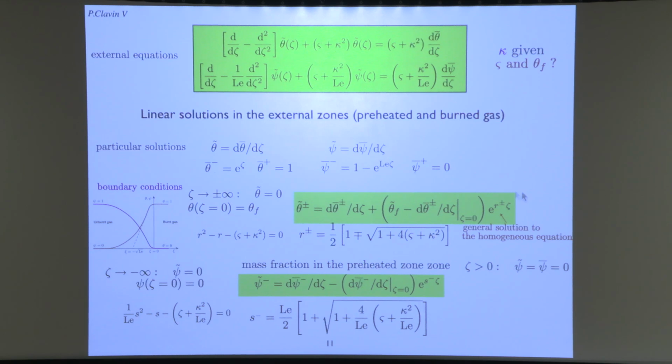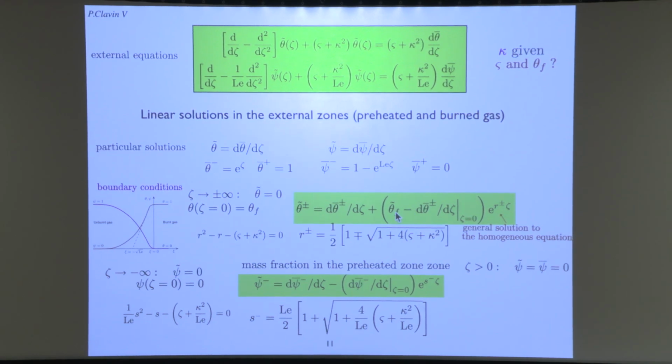This is the solution of the homogeneous problem, which is an exponential, which is solution of this quadratic equation. There are two roots that are here, such a way that this is a particular solution of the complete problem. This is the general solution to the homogeneous problem.